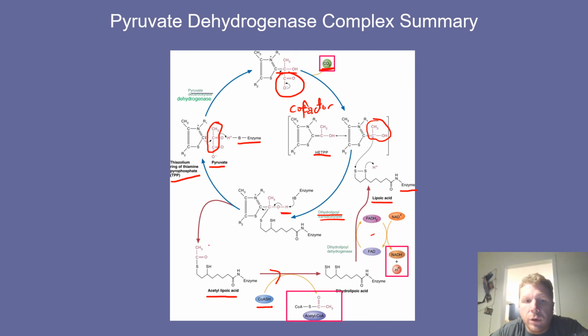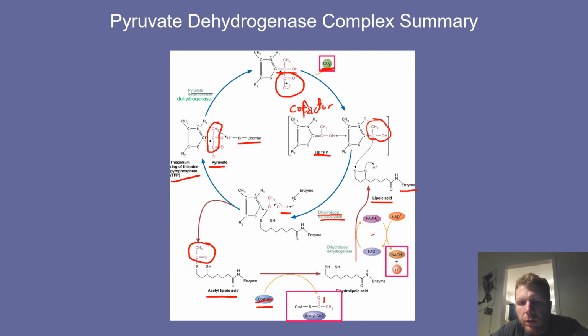That acetyl lipoic acid makes these two carbons very easily removed and transferred to CoASH, so that we can take those two carbons and put them right here to make acetyl coenzyme A. Now the result of that, however, is the formation of dihydrolipoic acid. Well, dihydrolipoic acid is pretty much useless.